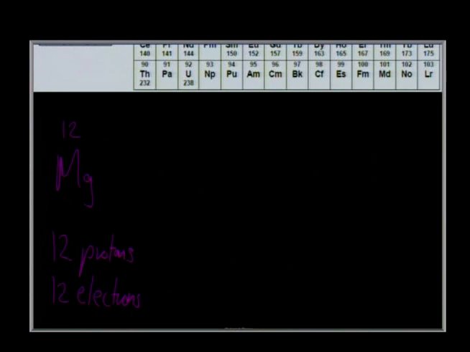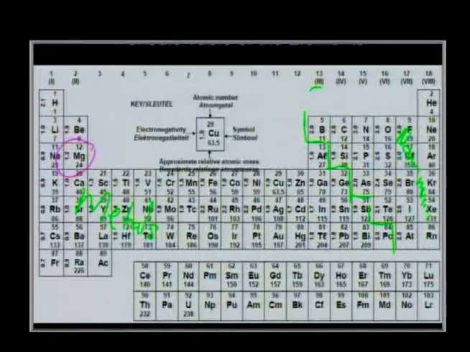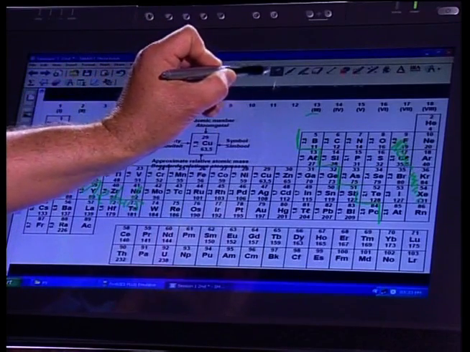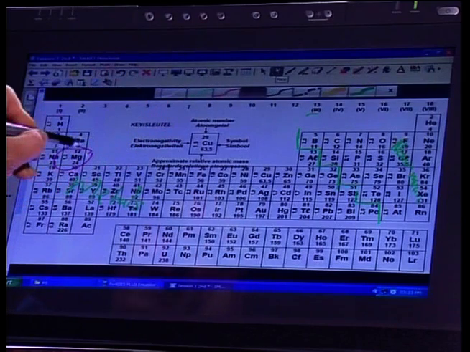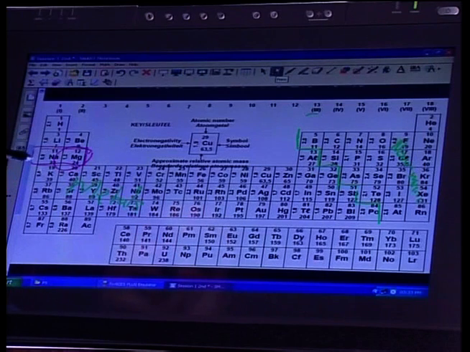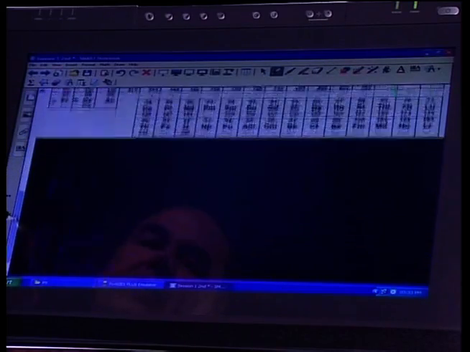And if we look at its position, it's in group 2. So the inner electrons are the first 10. The outer electrons, or the valence electrons, and that's what I wanted to show you here, are easy to determine. It's the same as the group number. So from the left-hand side here, that's 1 electron, that's 2 electrons. So magnesium has 2 valence electrons.